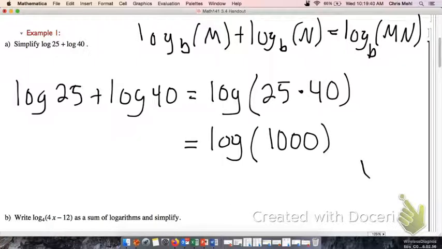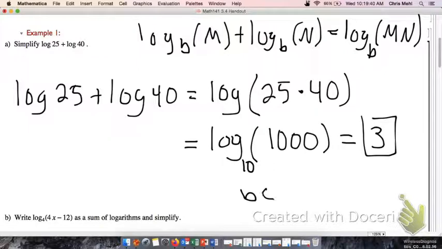And now, when you have a logarithm and there's not a base written there, the base is assumed to be 10. So remember from the previous section, if I want log base 10 of 1,000, I need to know what power of 10 is 1,000. So what would I have to raise 10 to get 1,000? And the answer is 3. That's because 10 cubed equals 1,000.